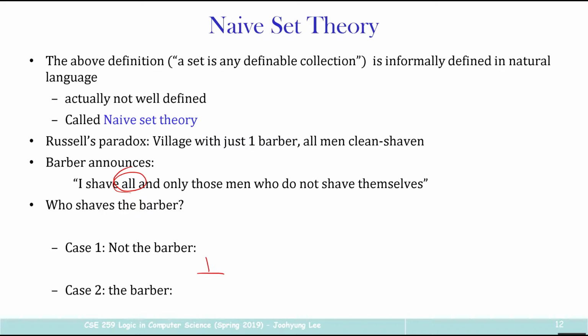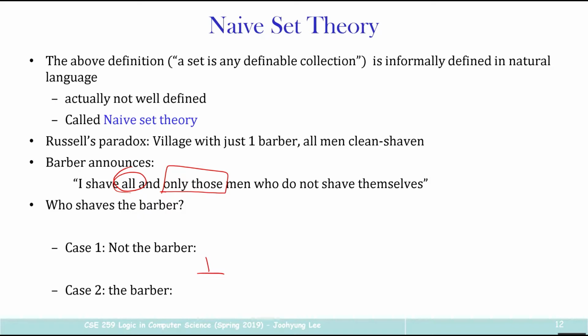Okay, case two. What if now the barber shaves the barber? Now look at this part of the barber's announcement. If the barber shaved himself, then according to what he said, he's shaving only those who do not shave themselves. So he shouldn't shave himself. You get it? Let's go slowly again.